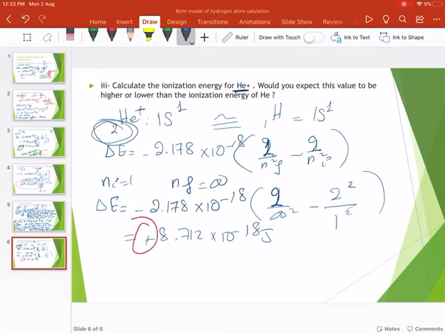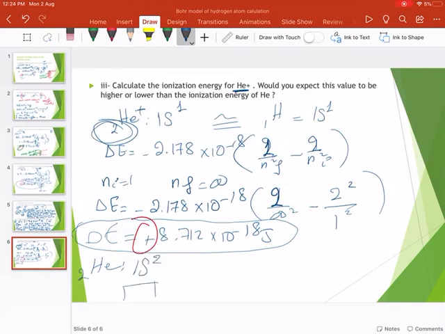Now, would I expect this value that I obtained, 8.712 times 10 negative 18, to be higher or lower than the ionization energy of helium? Helium has 2 electrons, 1s2, while in helium plus there is only 1 electron.